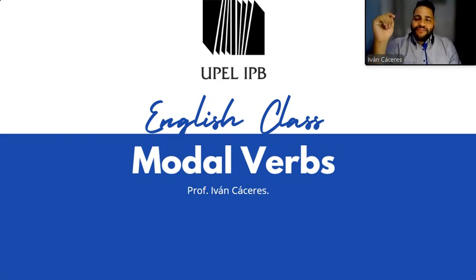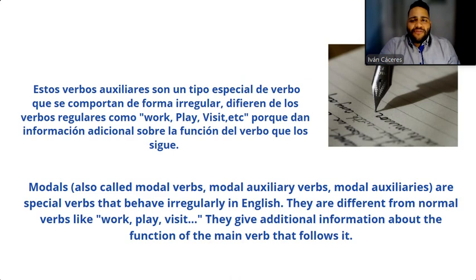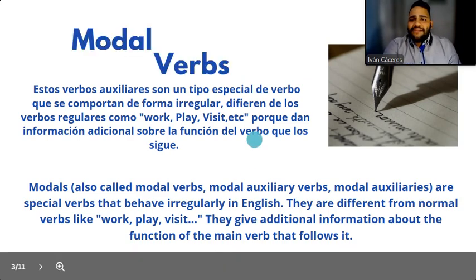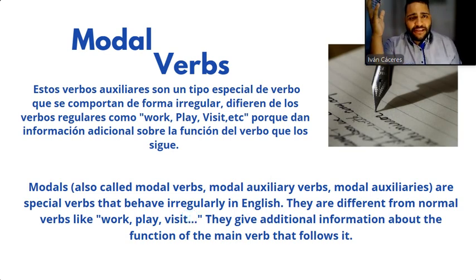Okay, so for starters, what is a modal verb? What are modal verbs? So it says here that modal verbs, or modals as they are called, are auxiliary verbs, okay? Auxiliary verbs, which we use because we need to indicate something, same as any other auxiliary verb that we use in English.